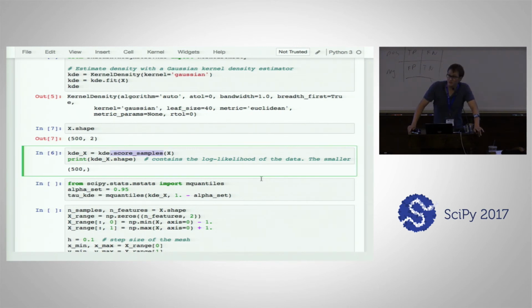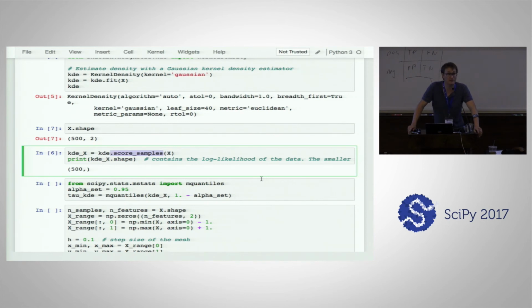Any question? Do you know any other method that would be good for estimating a density? Any idea? You could use a histogram, which would be a completely non-parametric way of doing things.